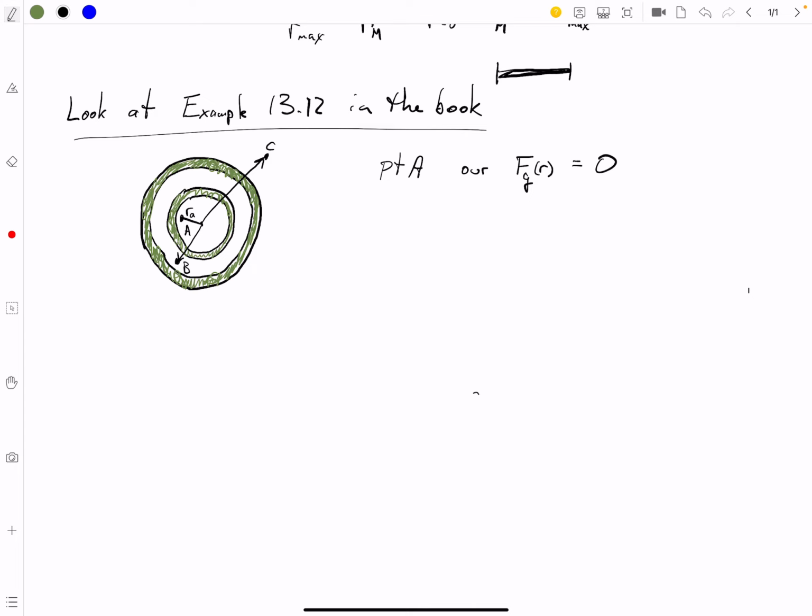So anything that is inside here, any of these points, have no forces pulling them any direction. Okay, because all the mass on the outside balances out in that inner circle. So we get 0. At point B, depending on the density of that material, well, we'll get to that in a second.